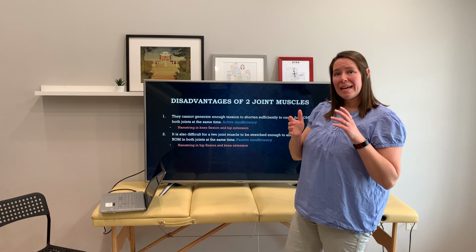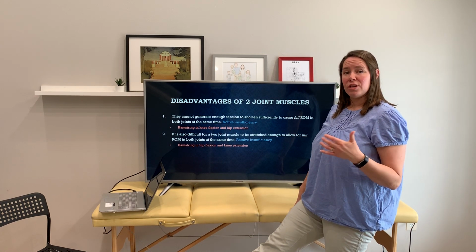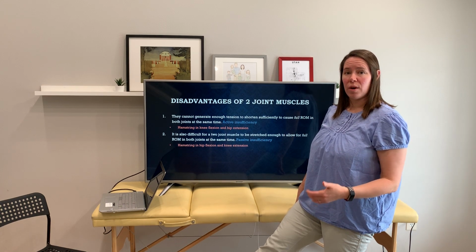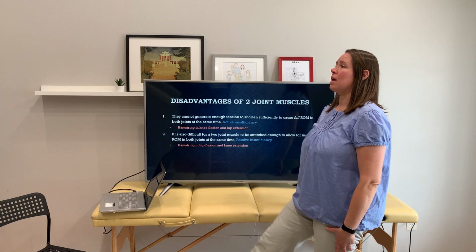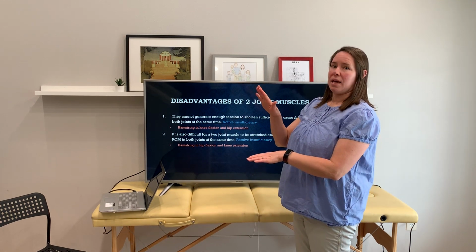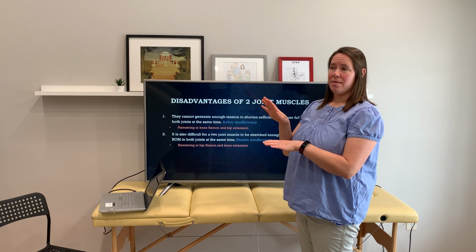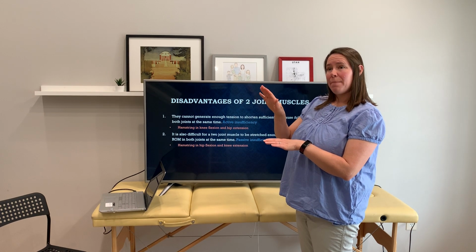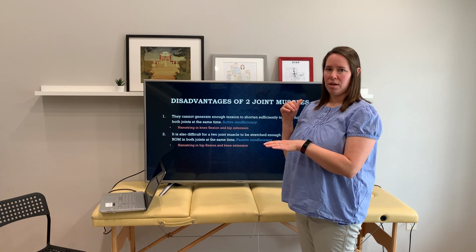If you were to slack it off either of those joints, you'd be able to get more range of motion in either one, right? So if I'm laying on my back, I'm gonna lift that leg and get a little bit off the table and then it's gonna hurt. But if I bend my knee, now I can bring my hip into more flexion, okay?